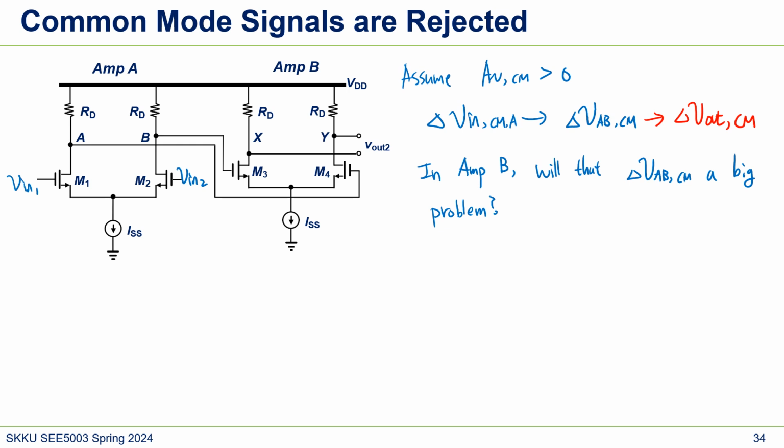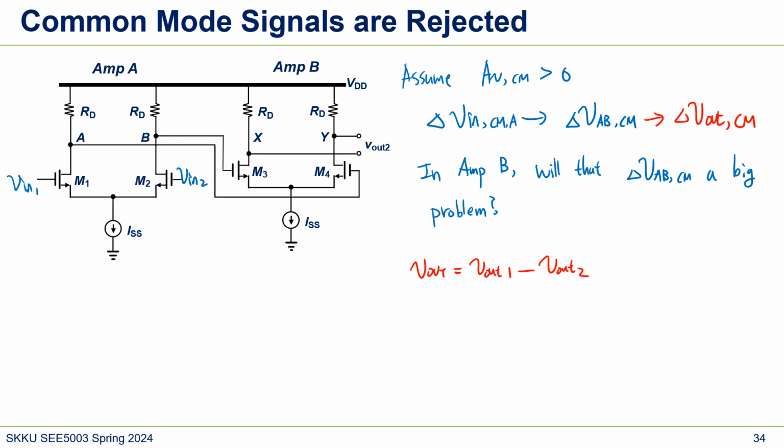Our final signal is V out 1 minus V out 2. So in terms of output, this common mode change is okay. They are not seen at the output. So does it mean that the common mode gain is fine? Should we really care about this common mode gain?